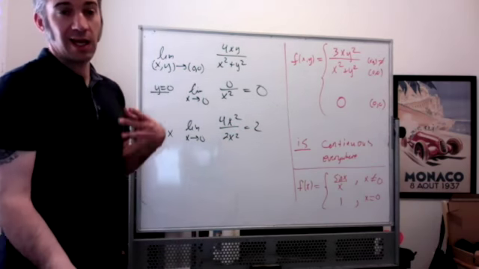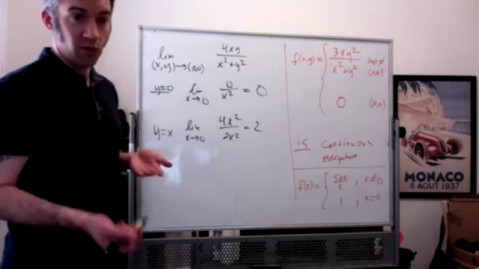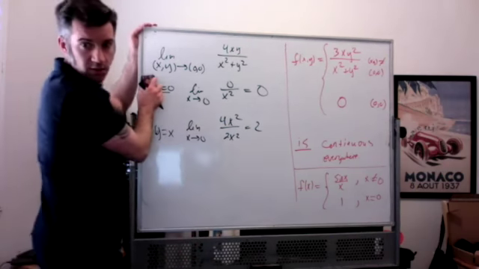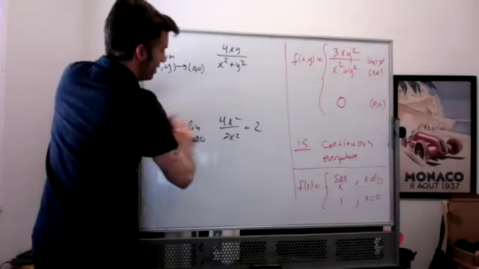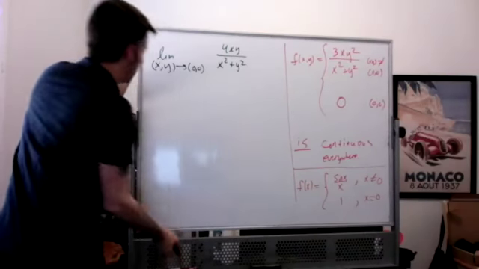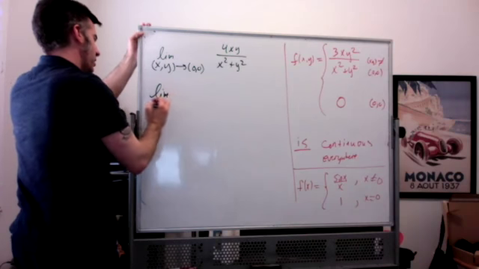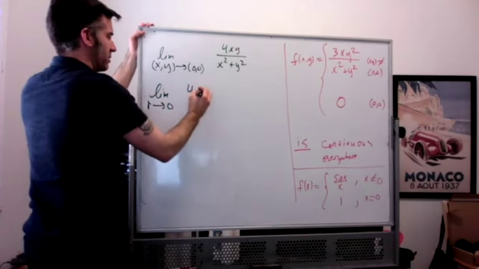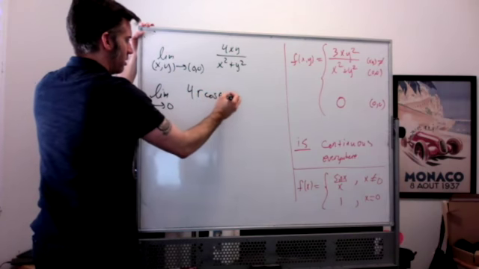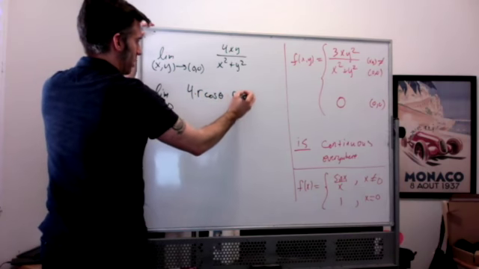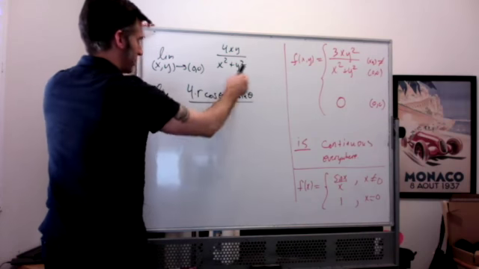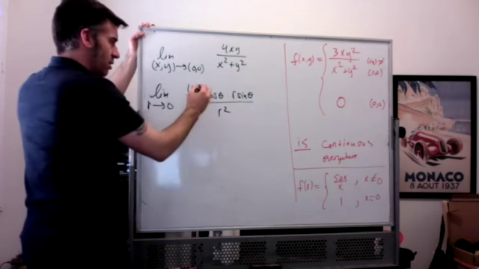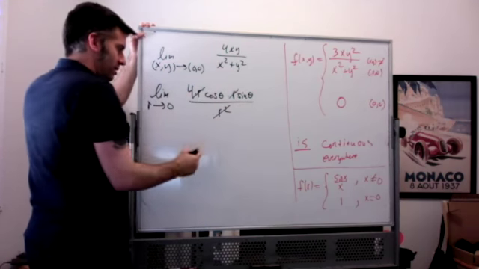But it is also possible to use polar coordinates to see that the limit does not exist. Let me show you what I mean. If instead I use polar, I'd rewrite this as the limit as r goes to 0 of 4 times x is r cosine theta, y is r sine theta, over x squared plus y squared, which is r squared. But look what happens here. The r's all cancel.